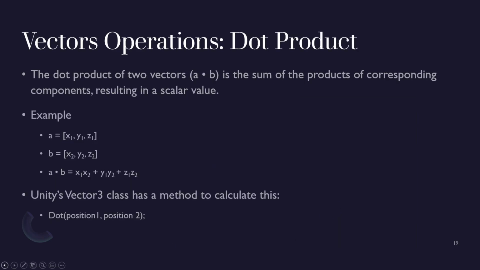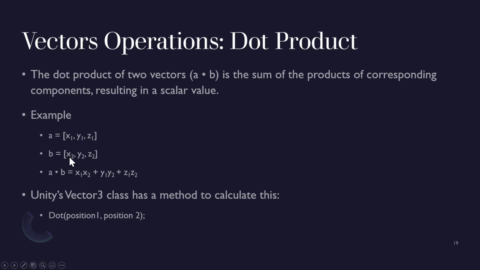So the dot product of two vectors is expressed by vector a with an actual thick dot in between it and vector b. And it is really the sum of the products of corresponding components that results in a single scalar value. So the way you multiply a vector would be somewhat similar to adding them.